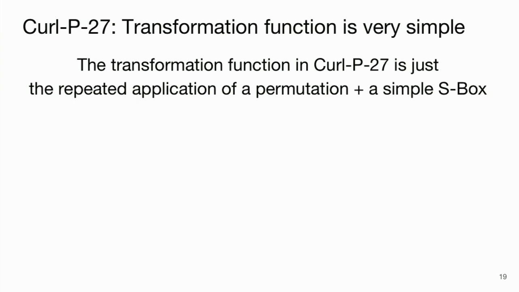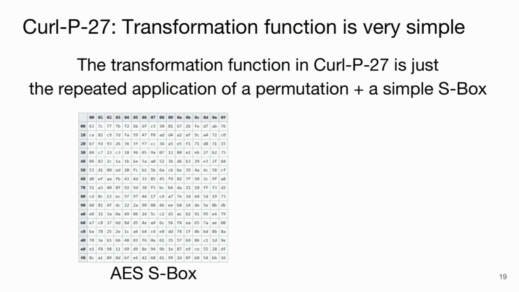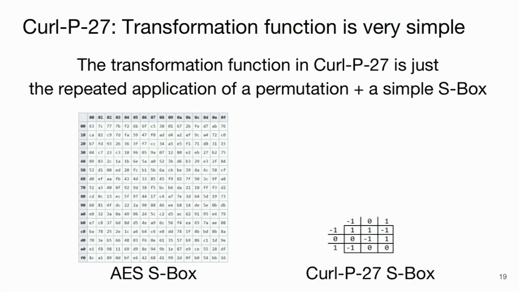And IOTA's transform function is extremely simple. When we first looked at it, we were like, this is incredibly simple. It's not what you typically see in cryptography. It's basically just the repeated application of a permutation and an S box. And just by way of example, this is what the S box inside AES looks like, and this is what the S box inside curl looks like.